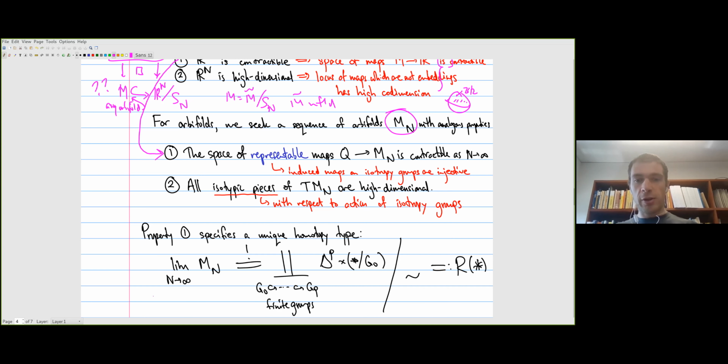And you take the nerve. Well, you don't exactly take the nerve, but you take a realization modeled on the nerve, and that's your homotopy type, for certain reasons which I don't want to get into. This space is called R of a point. It's some infinite dimensional orbi-CW complex.